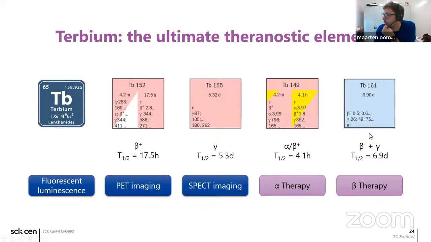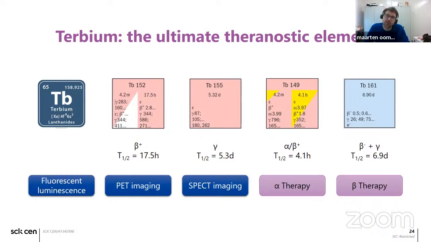You have Terbium-161, which is a beta minus emitter, which can be used for beta therapy. On the other side, you have Terbium-149, which is an alpha emitter and can be used for alpha therapy. And on the other side of the spectrum, you have Terbium-152 and 155, which are positron and gamma emitters, so they can be used for PET and SPECT imaging.